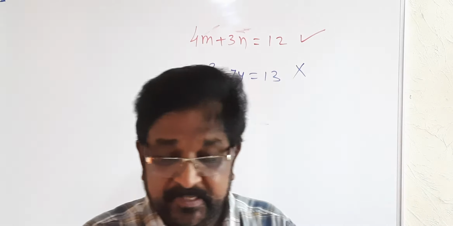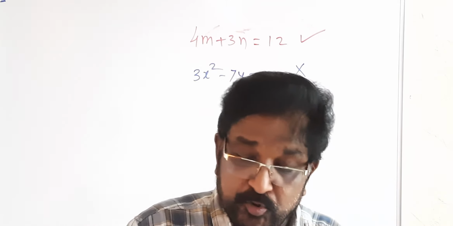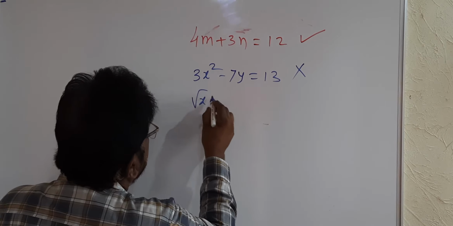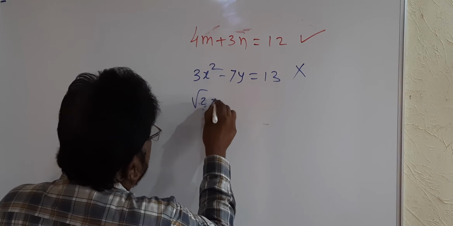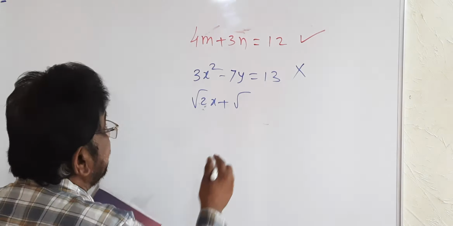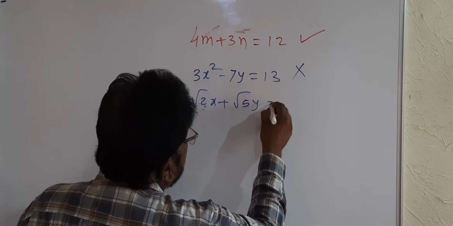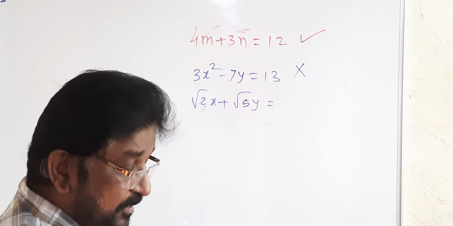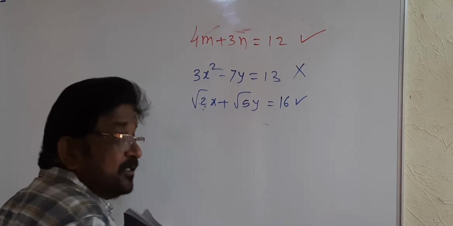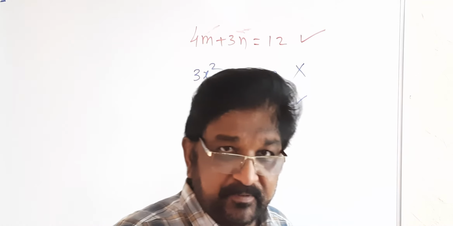Third one, it is root 2x plus root 5y is equal to 16. It is an equation with two variables.